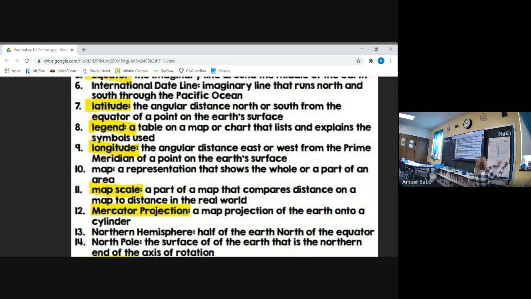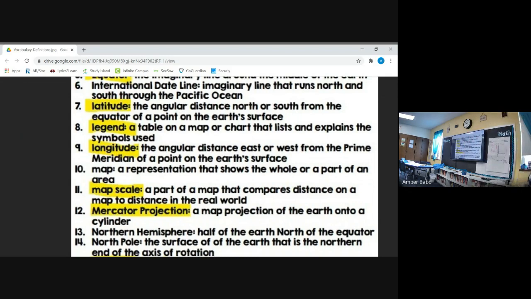And we're not talking about a scale you stand on, but a ruler scale. It'll look something like this, and it will say 1 inch is equal to 1 mile.